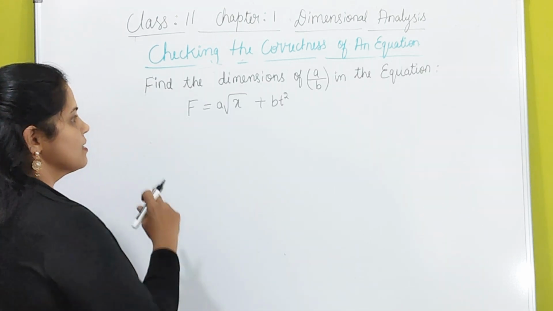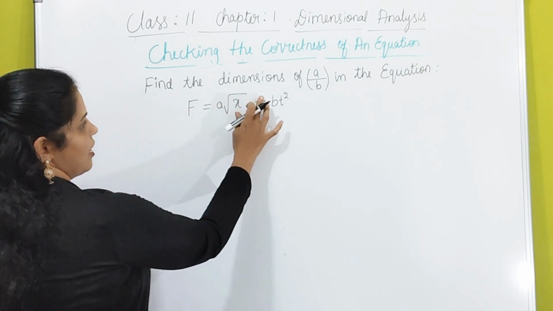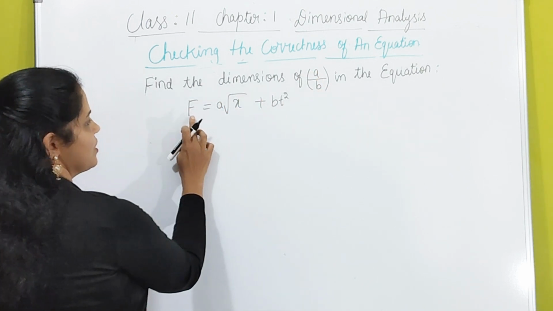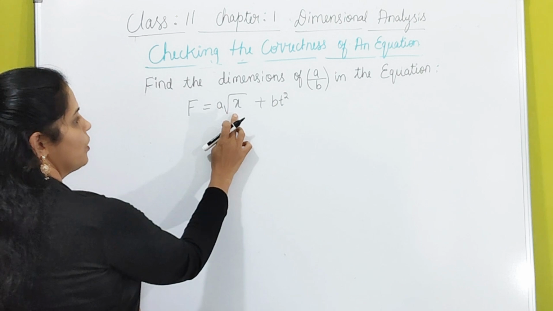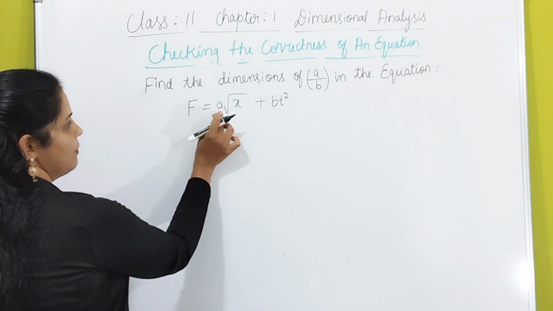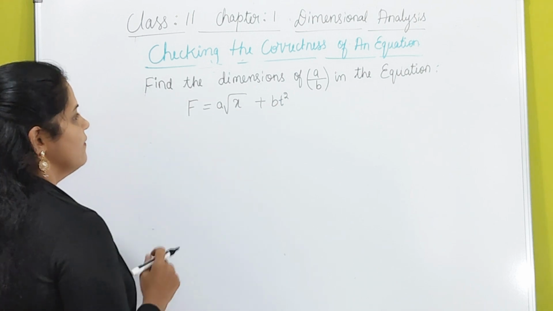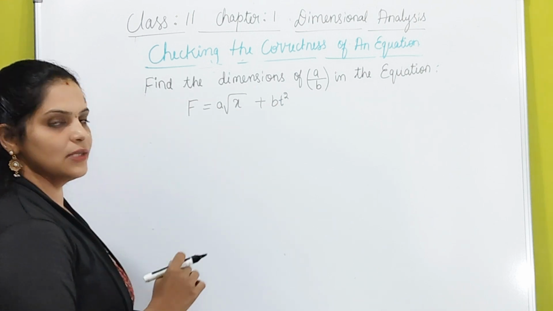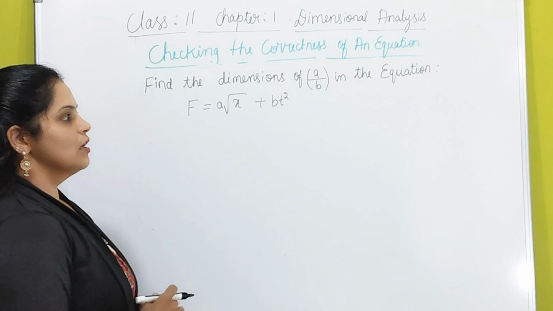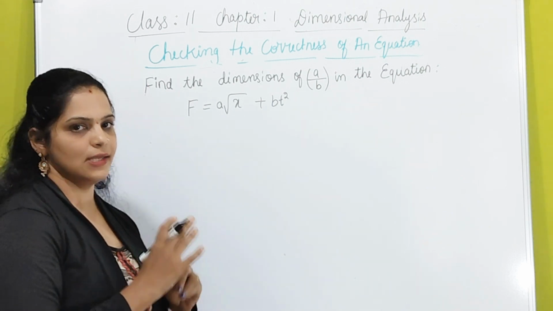Now, using the principle of homogeneity, let us find the dimension of a and b in the equation f is a root x plus b t square. First, let us calculate the dimension of the variable a and b. We know that according to the principle of homogeneity, dimension of all the terms in a given equation should be same.